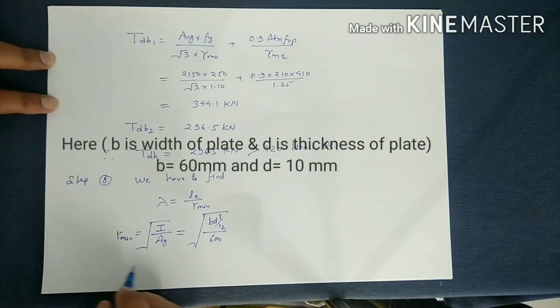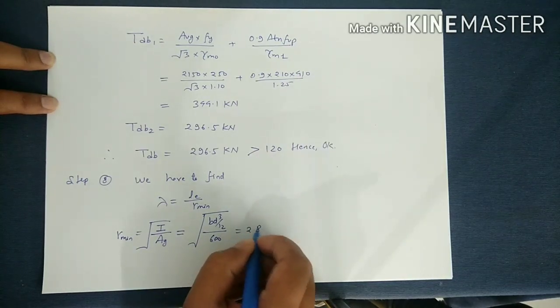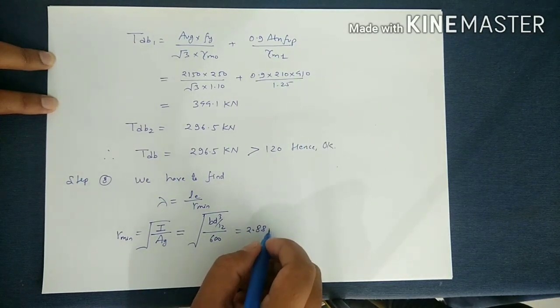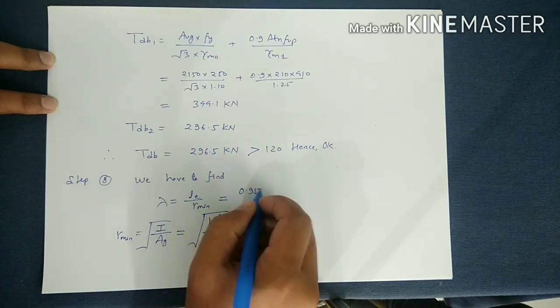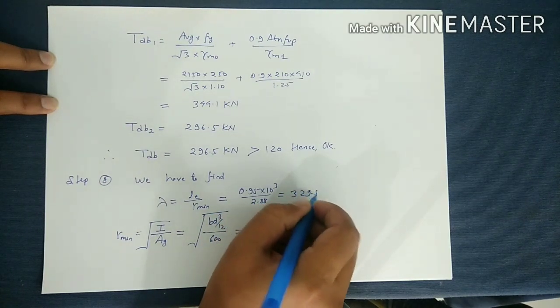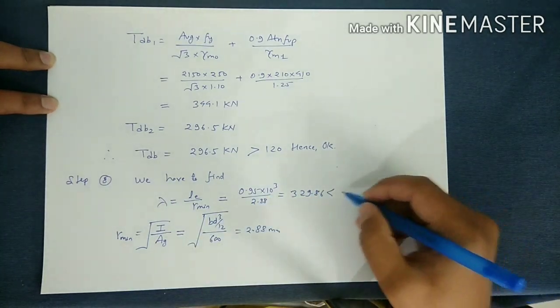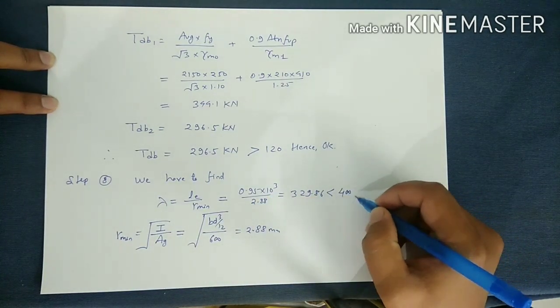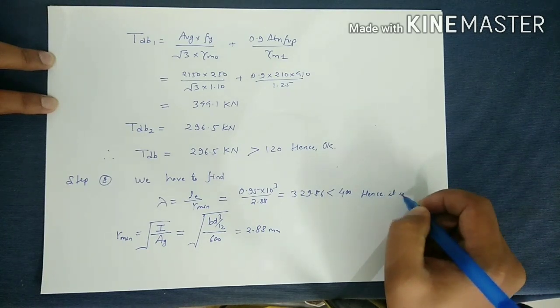On solving, we get 2.88 mm. Therefore, putting this value, we get 329.86, which is smaller than 400. Hence, it is okay.